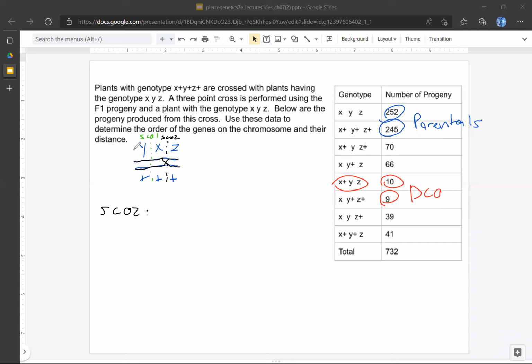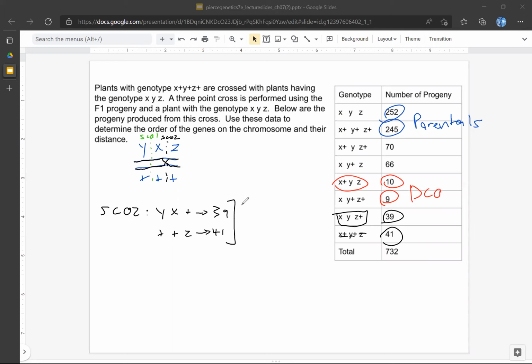So we can follow it along. We have Y, X, plus as one of our possible recombinant genotypes. And we have plus, plus, Z. So Y, X, plus is 39, and plus, plus, Z is 41. So 39 here, 41 here.